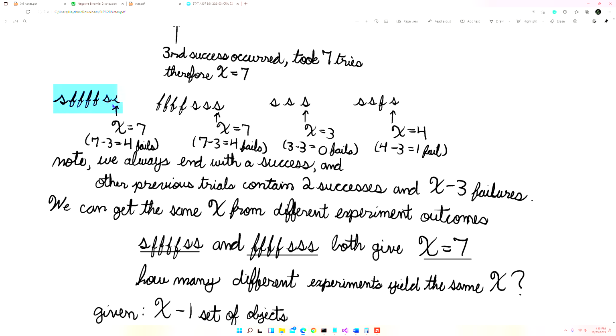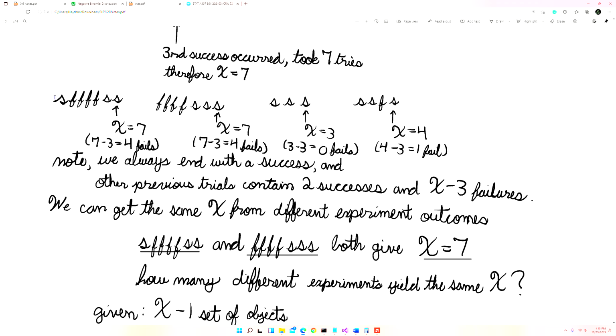So here are other examples, straight from the book. If we had a string of S, F, F, F, F, S, S, again all of these have r equals 3, but this would be an example where x equals 7 because we took 7 tries to get that third success. Over here, we again have the same exact thing.